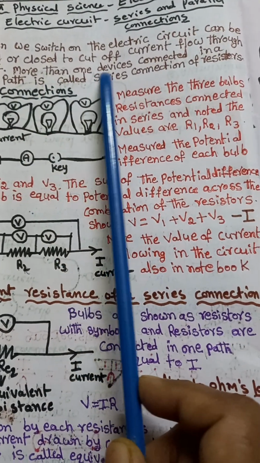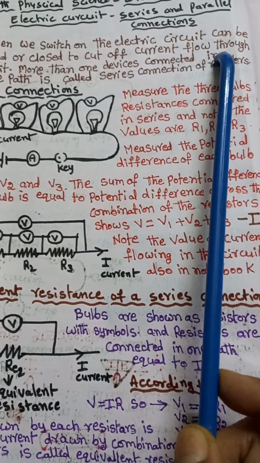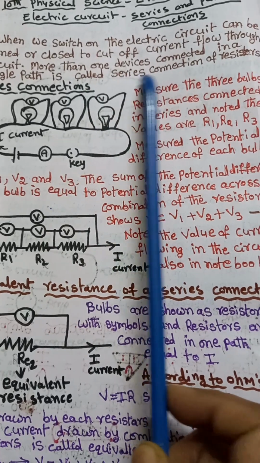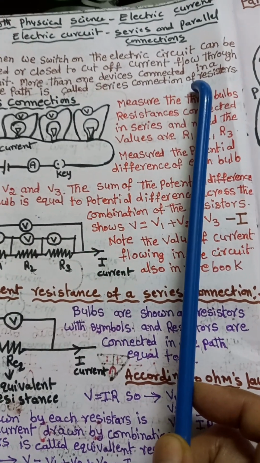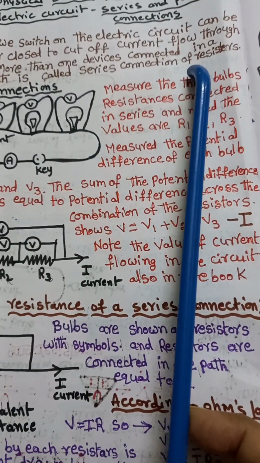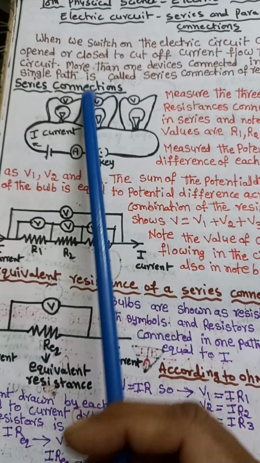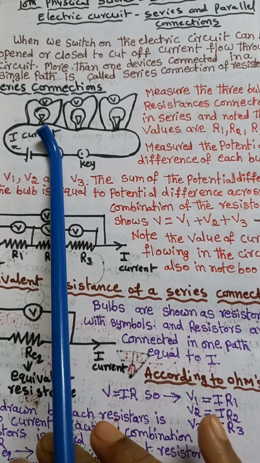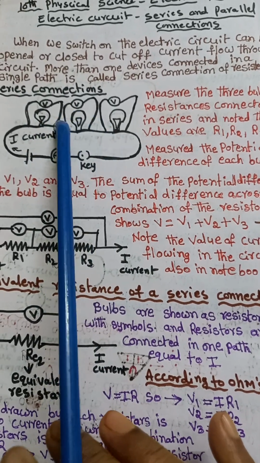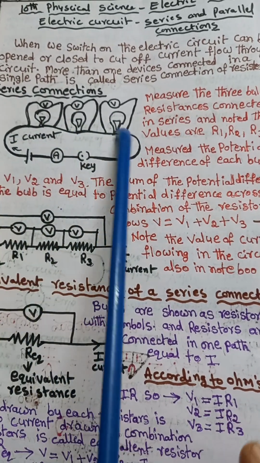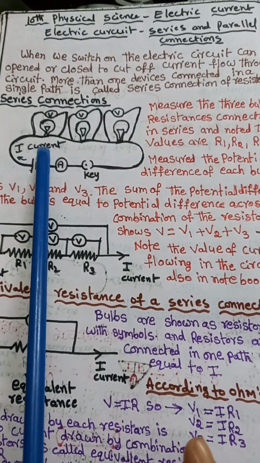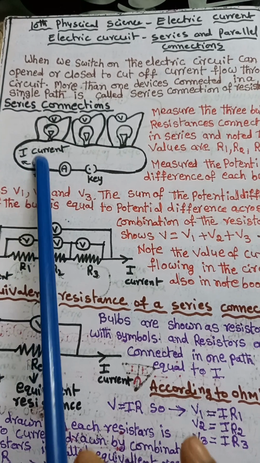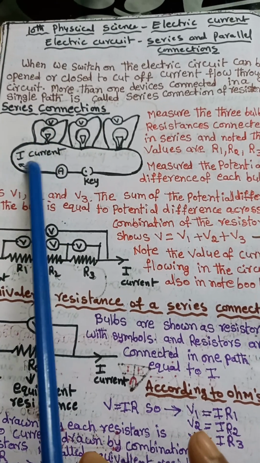More than one device connected in a single path is called a series connection of resistance. So this is a series connection. Three bulbs are connected in a single path to a battery with a conductor.